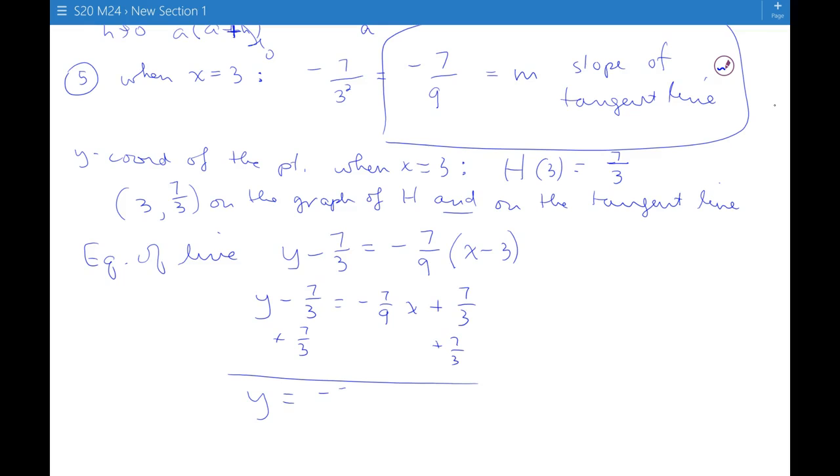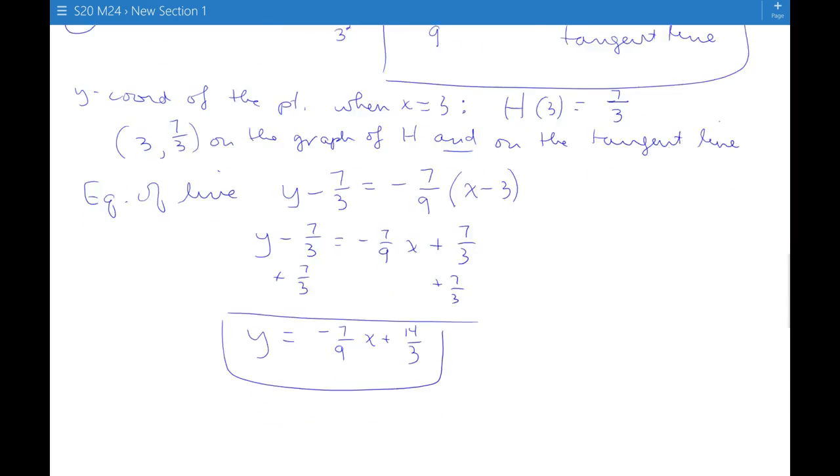So you'll have y equals negative 7/9 x plus 14/3. So this is the equation of the tangent line to the function at the point when x is 3.